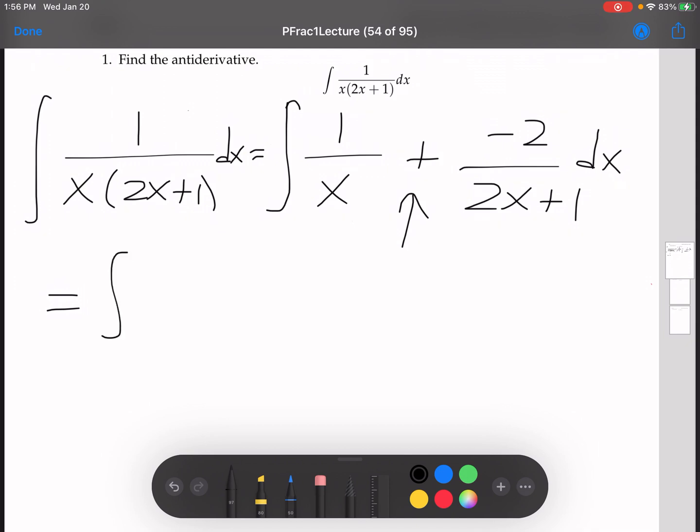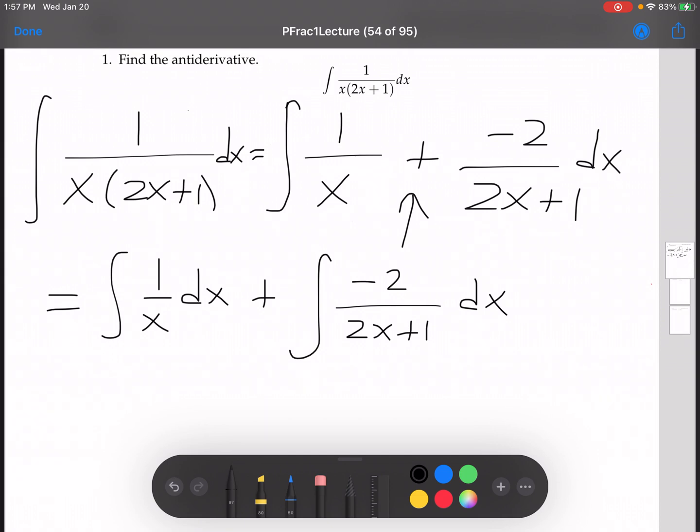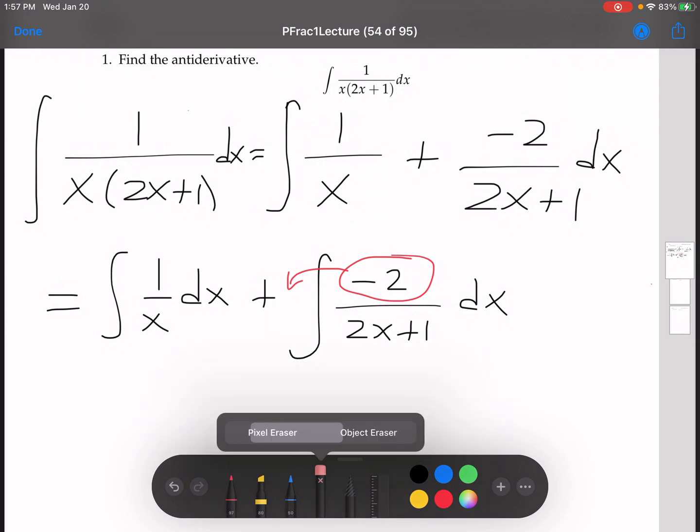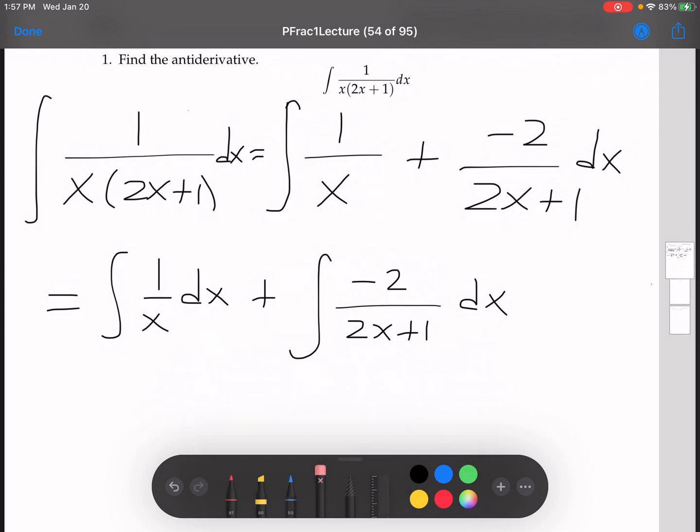So I've got the integral of 1 over x dx plus the integral of negative 2 over 2x plus 1 dx. And now remember, a good thing to do is pull this negative 2 out to the front. I'll pull that out, negative 2.